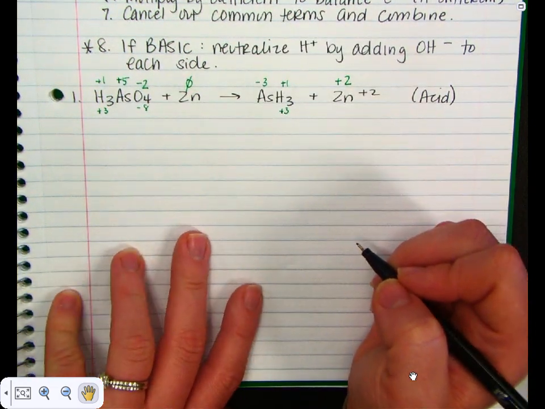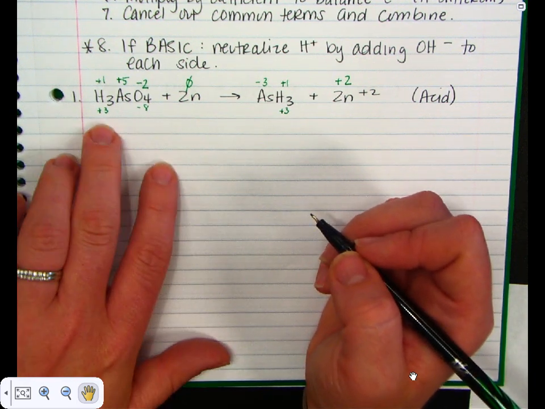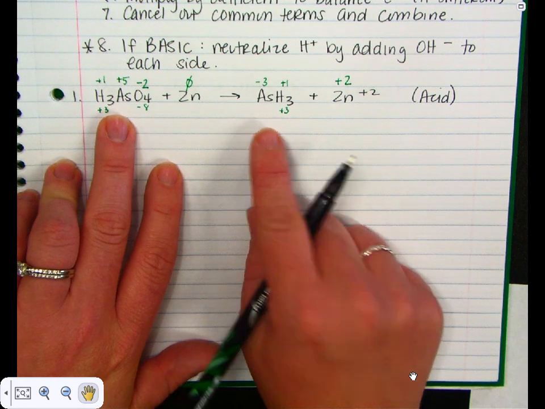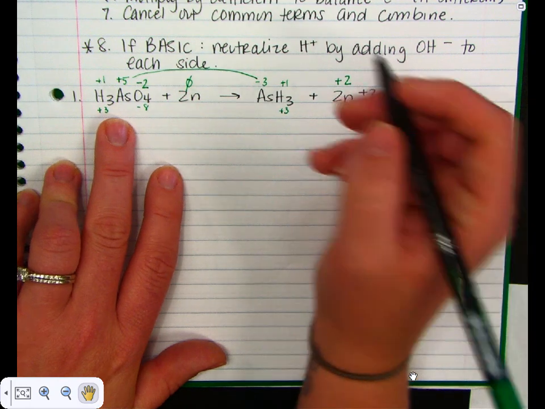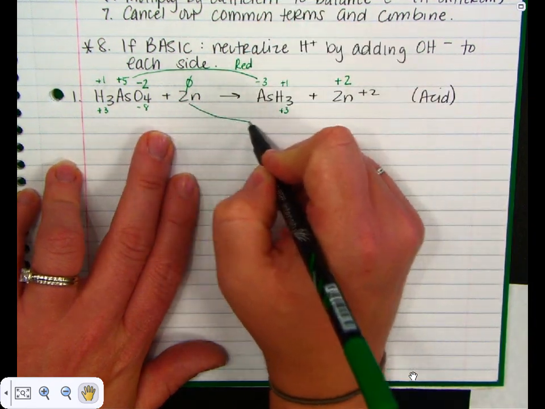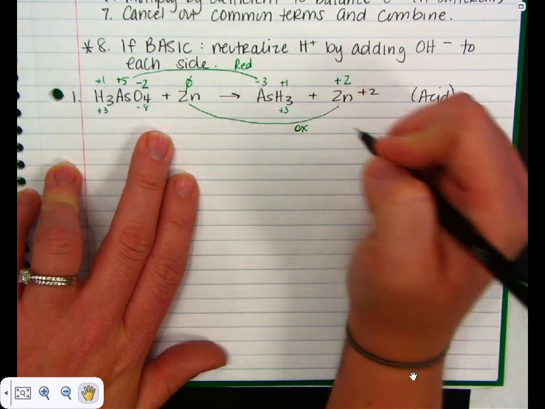All right, so now I'm going to determine who's being oxidized and who's being reduced. My arsenic's going from +5 to -3, so that's gaining a ton of electrons. So this is being reduced. And my zinc is going from 0 to +2, so it's losing electrons, it's being oxidized.